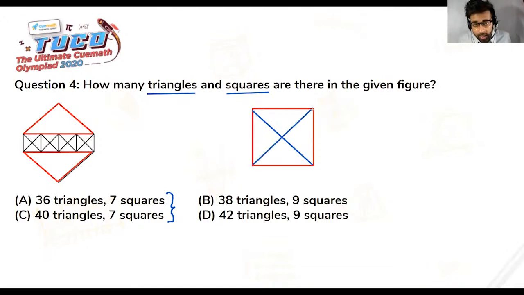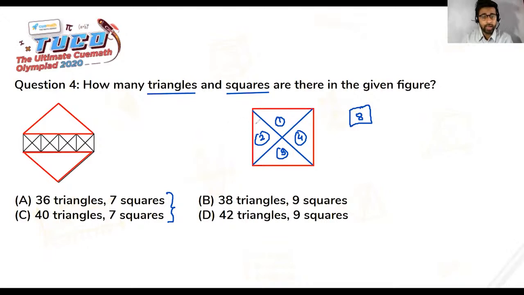And if I draw the diagonals together, there I get 4 smaller triangles as well. 1, 2, 3, 4. So in total, do I get a total of 8 triangles from a given square?